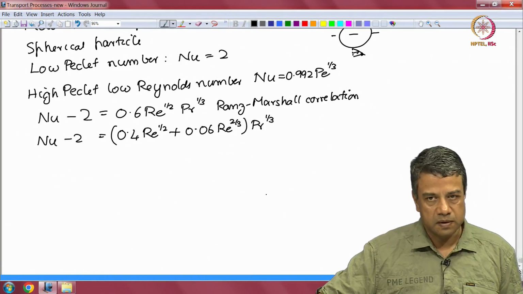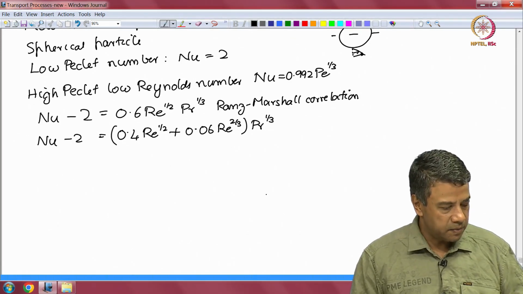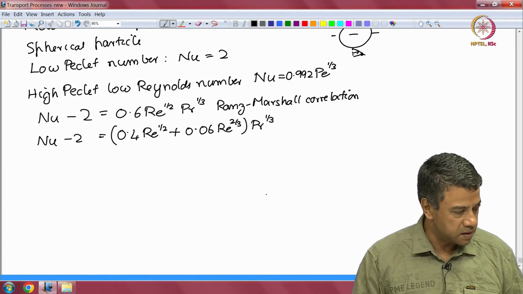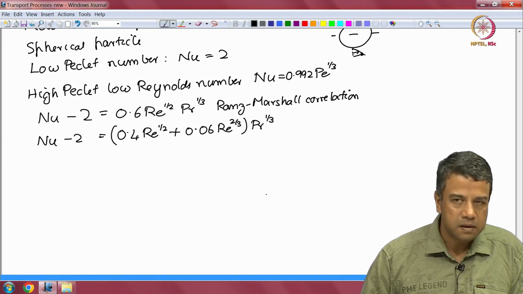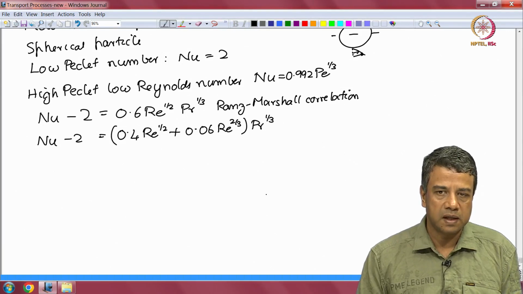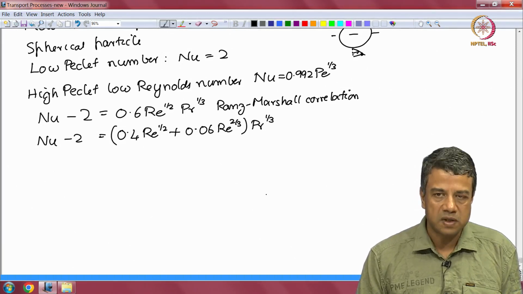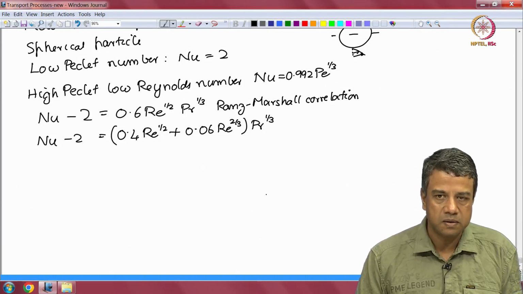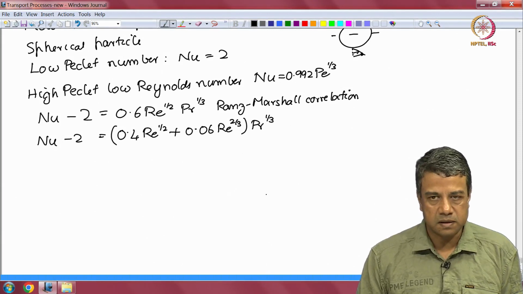So, I will give you an example. In the beginning of this course we had discussed a spray dryer, where droplets were sprayed into dry hot gas that was moving upwards, and it was desired that all of the moisture in the droplets has to evaporate before the droplet hits the side of the spray dryer.